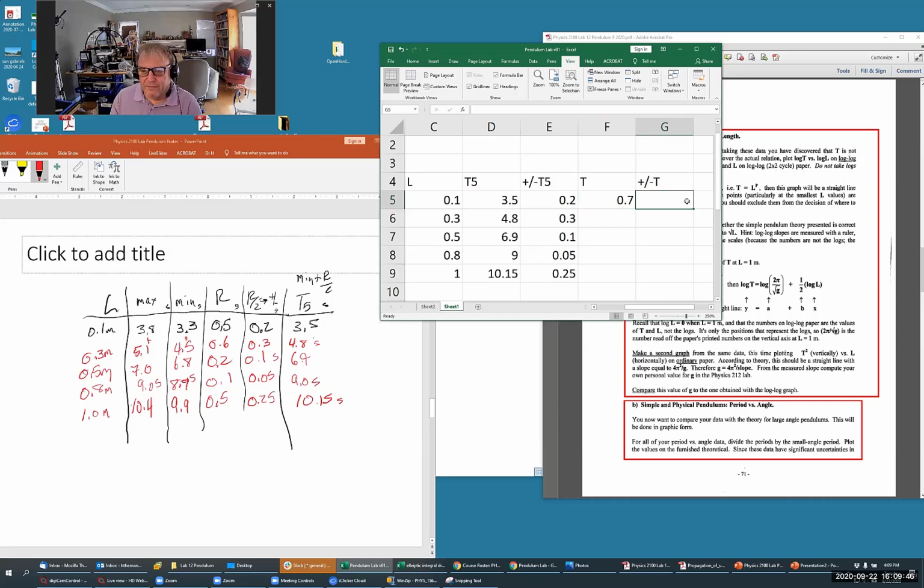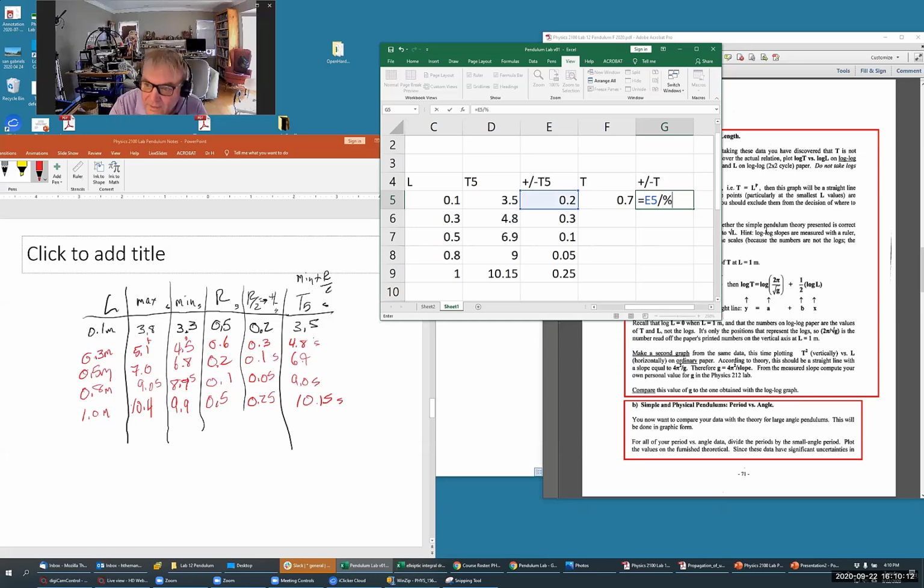And in fact, the plus minus, we remember from earlier, is equal to this divided by the square root of 5. So let's keep it easy.